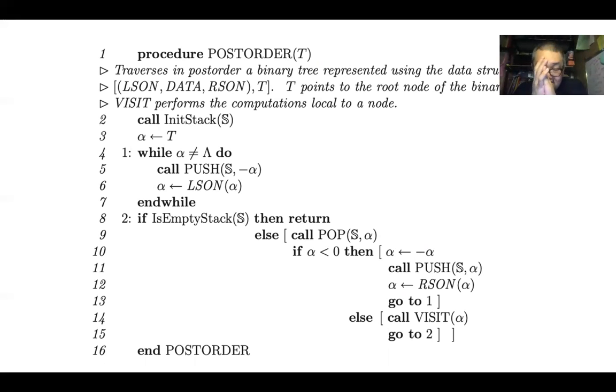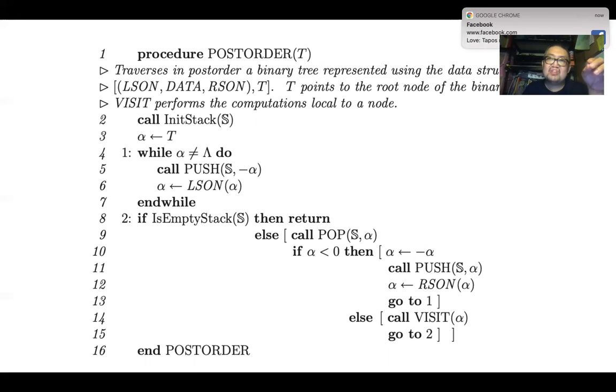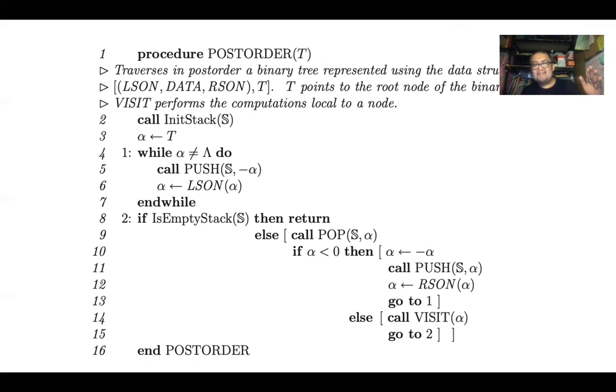So in effect, we are going back to the node after we visited the left subtree of that node, we return to that node twice to traverse the right subtree and to visit that node again.